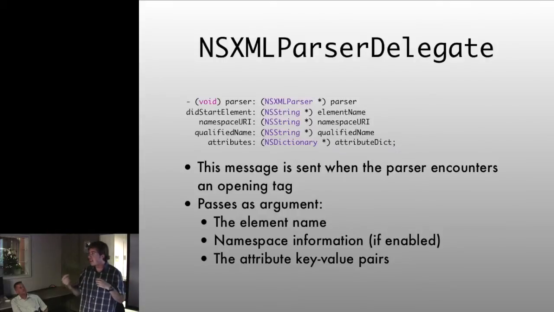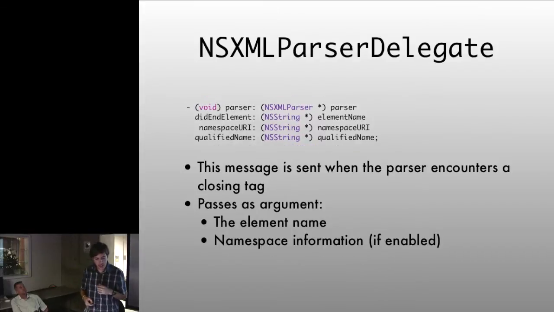And then if there are any attribute key-value pairs within that opening tag, it'll include those for you too as a dictionary. Similarly, when it reaches a closing tag, it calls didEndElement, and again it includes the element name and any additional namespace information if you need it.